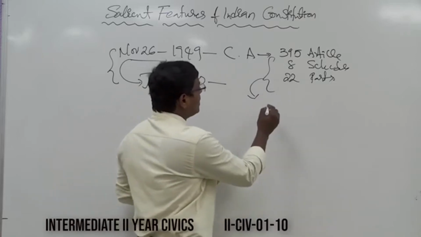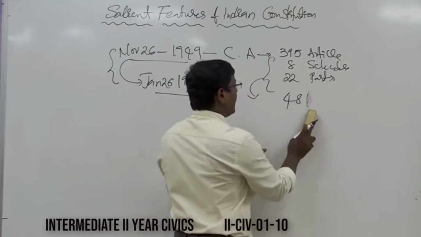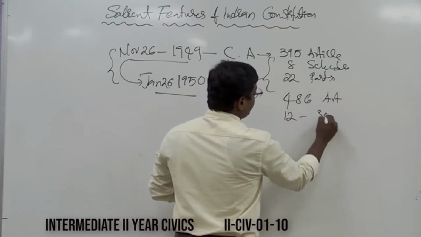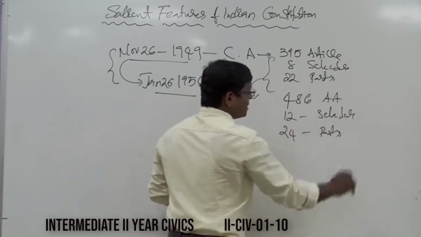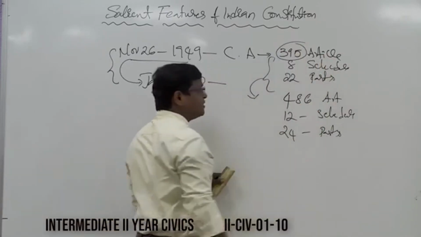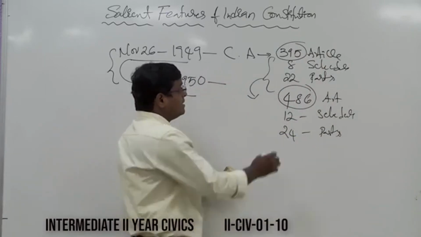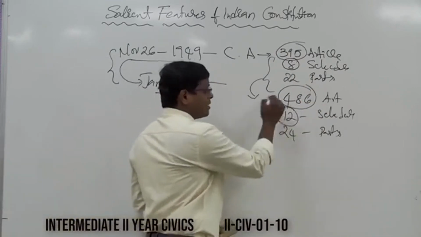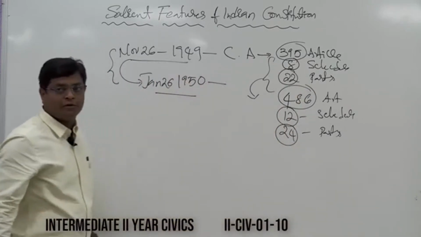At present there are around 486 articles, 12 schedules and 24 parts. So you have to compare: at enactment there were 395 articles, now there are 486; 8 schedules, now 12; and parts increased from 22 to 24.